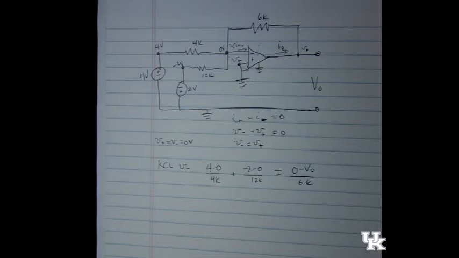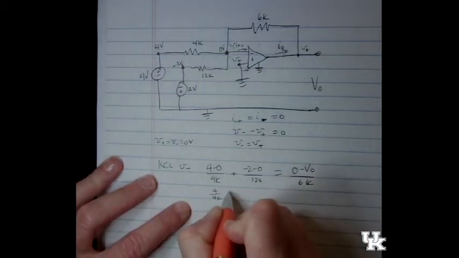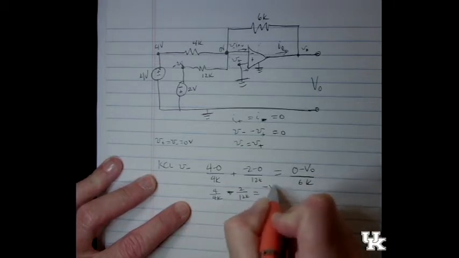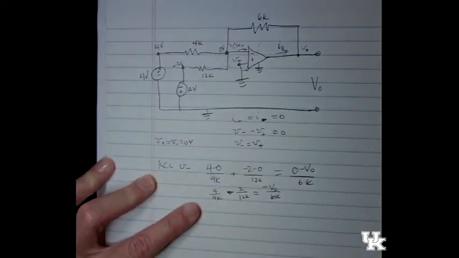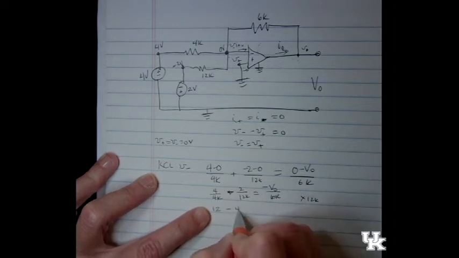So let me clean that up just a little bit. 4 over 4K minus 2 over 12K equals minus V out over 6K. All right. So if I multiply through by 12K, I would have 12 minus 4, so make sure I do this right, minus 2 V naught.